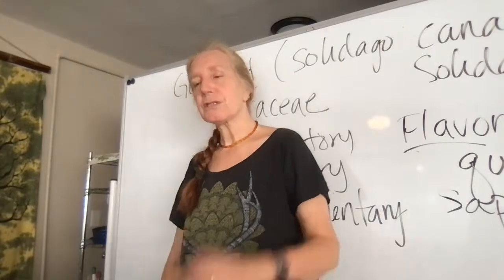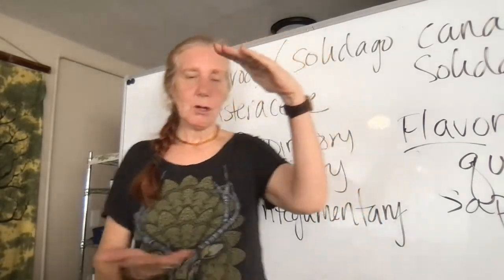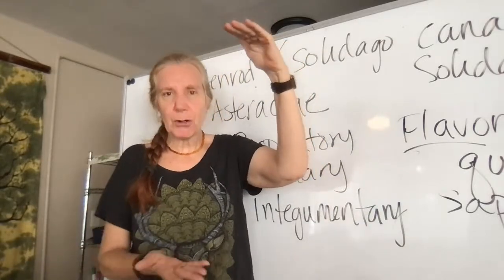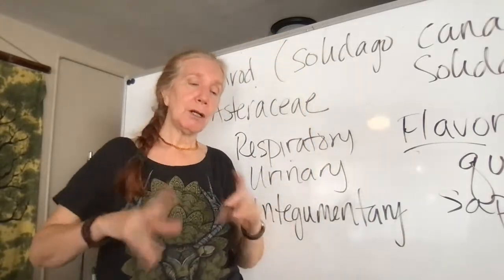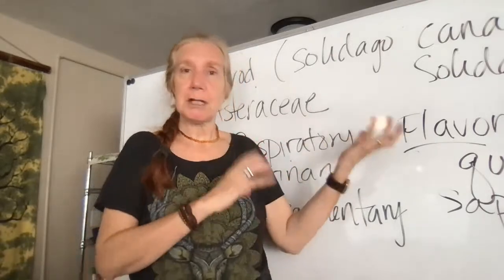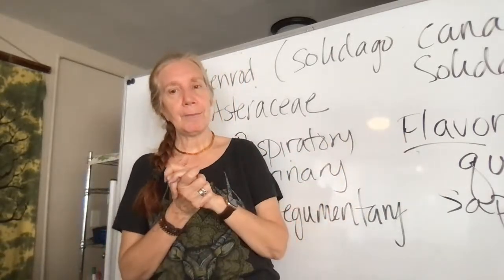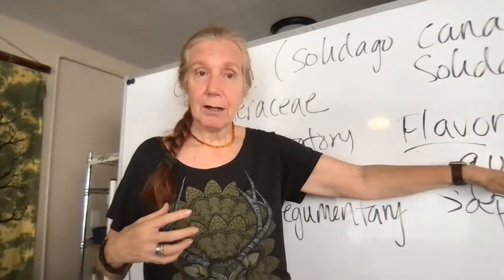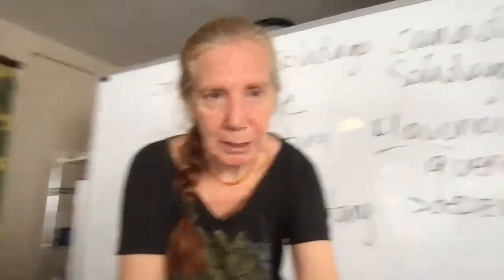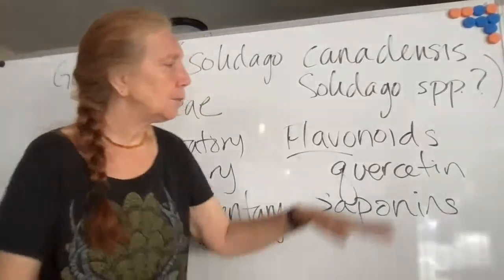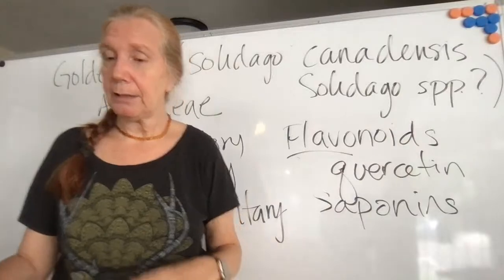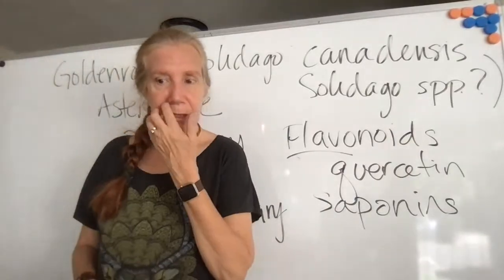So Teresa, we use the aerial portions. When the flower goes into bloom, you cut off about the top third of the plant. So there's some foliage there. The foliage is certainly beneficial, but it's the blooms that have the quercetin, that particular constituent.